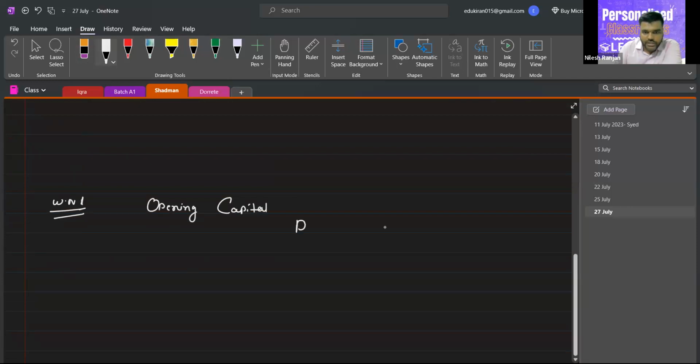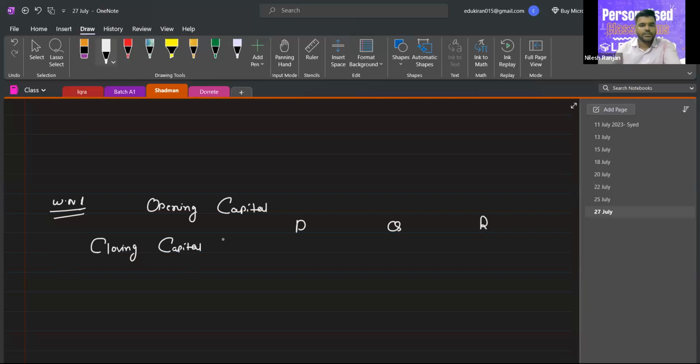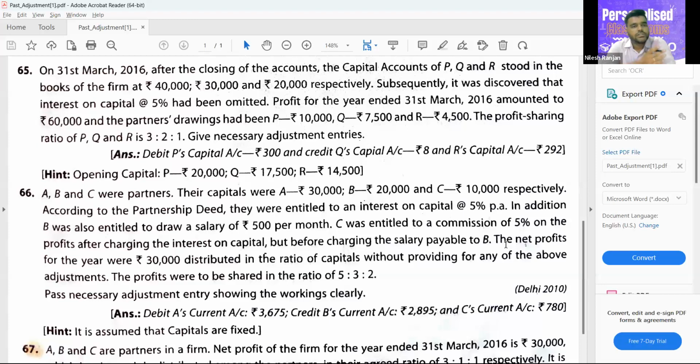Now, for partners P, Q and R, closing capital is given: 40,000, 30,000, and 20,000. What are the items that are adjusted in the capital account?